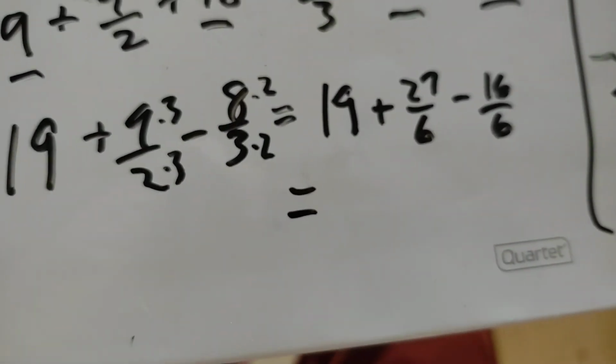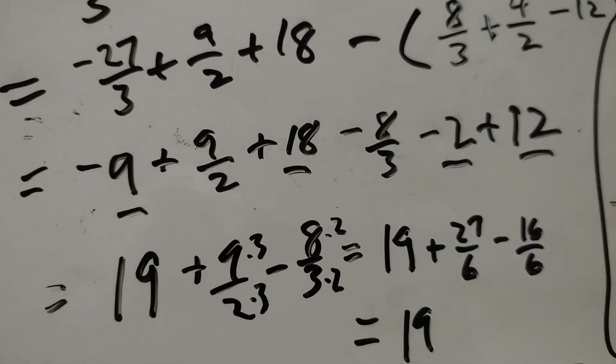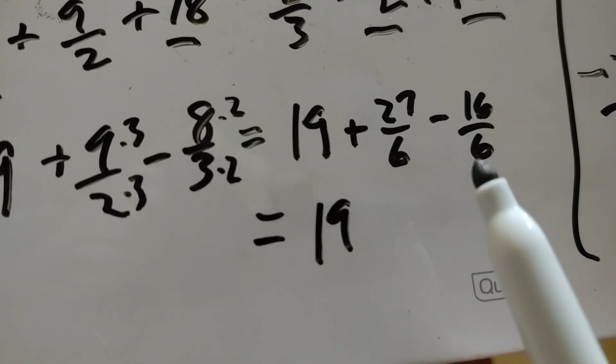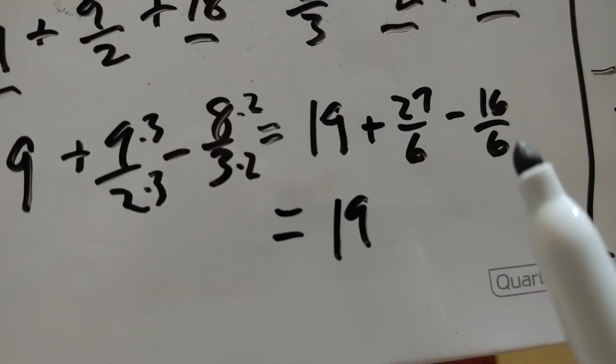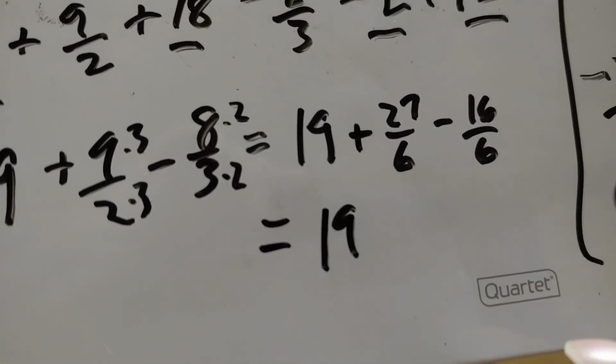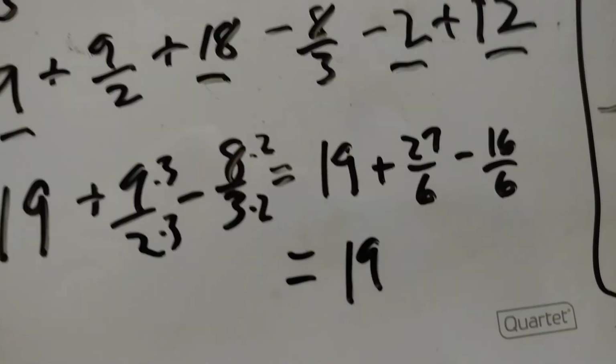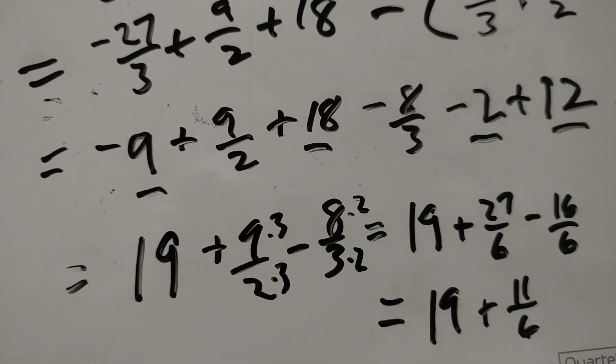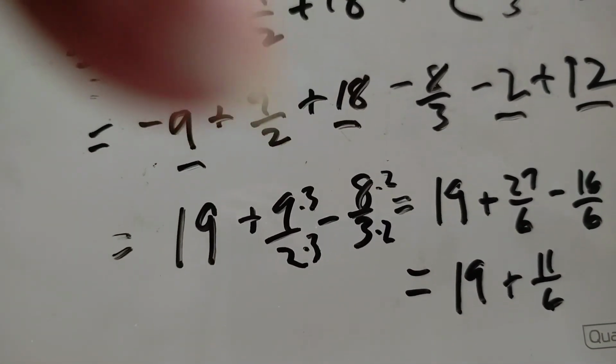So this is now going to equal 19, and then what is 27/6 minus 16/6? And the answer is it's going to be a plus 11/6. Keep the common denominator. 27 minus 16 is 11.